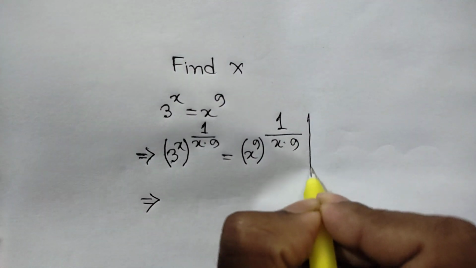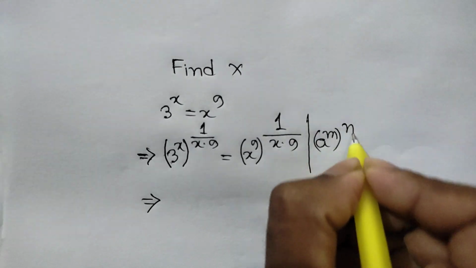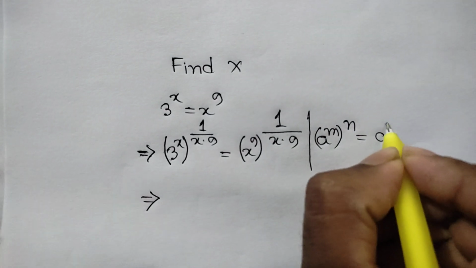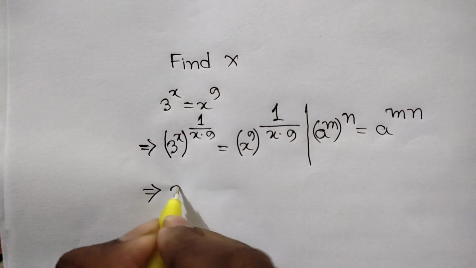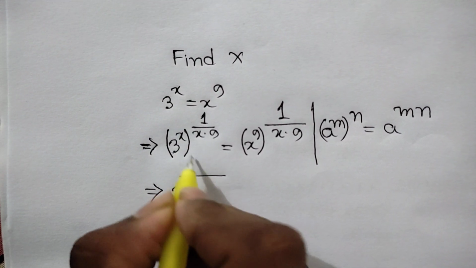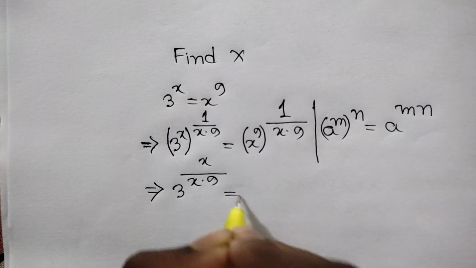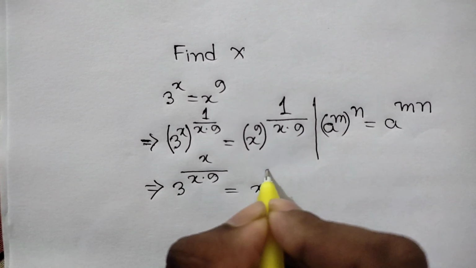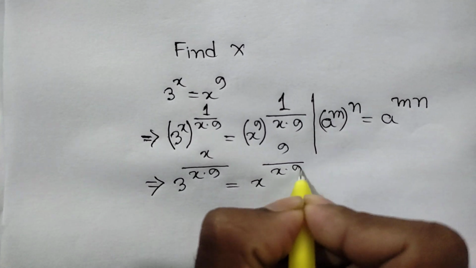Here we can apply this rule: (a to the power m) whole power n is equal to a to the power m times n. So we can write 3 to the power x over x times 9 is equal to x to the power 9 over x times 9.